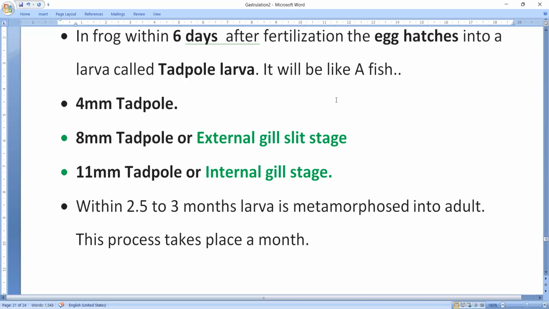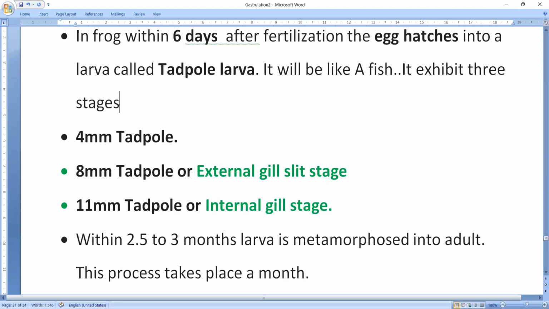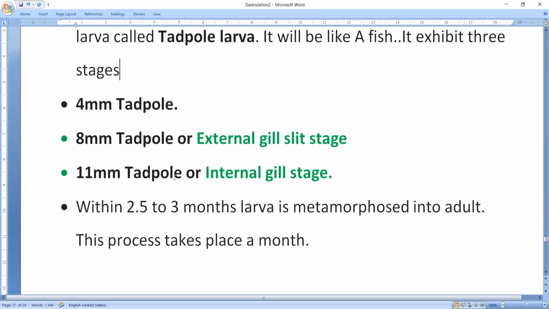Anyway, the third stage of tadpole larva is the internal gill stage.